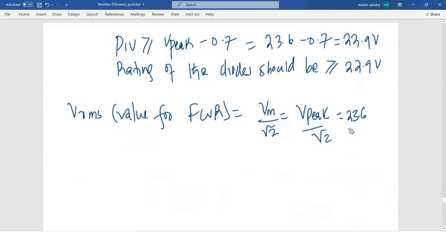Now divide by square root of 2. So 23.6 divided by square root of 2. The VRMS value will be 16.688 volts.